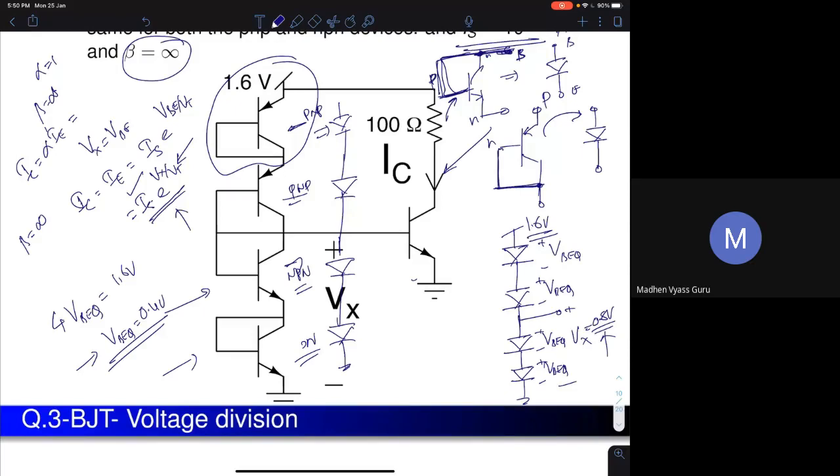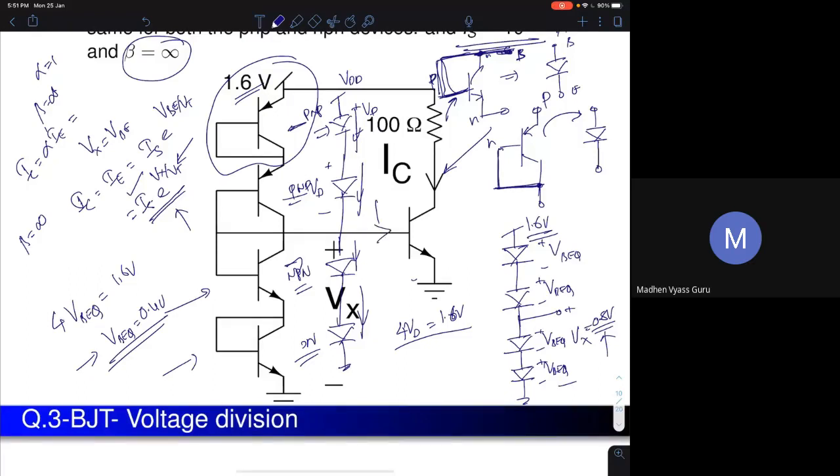Since they are all in series, they carry the same current, so the voltage drop across each diode will also be the same. I will call it VD, the diode voltage. So 4 VDs in series should be equal to 1.6 volts. That's given to you in the question. VDD is 1.6.